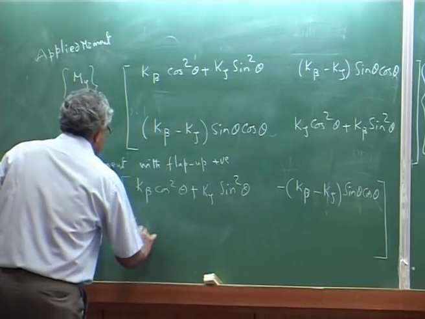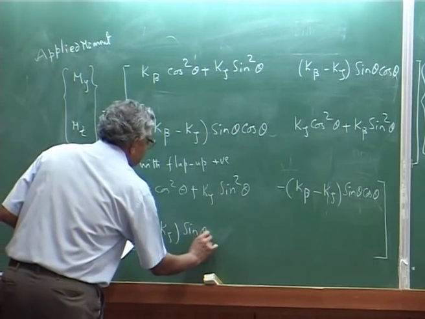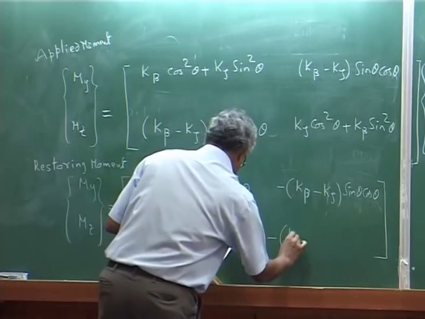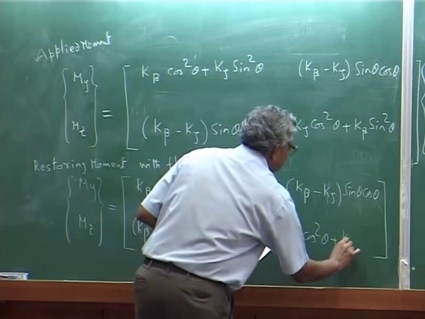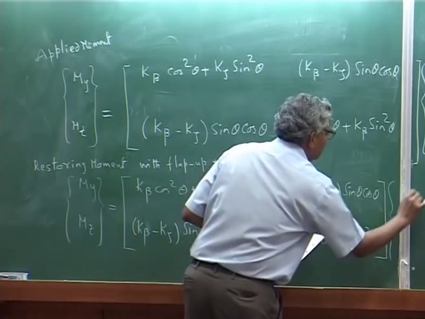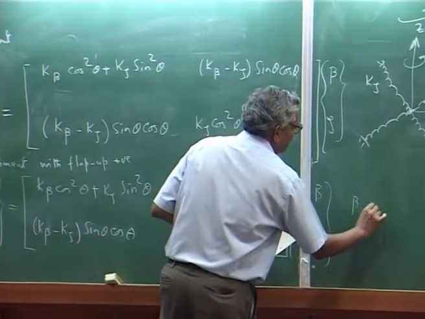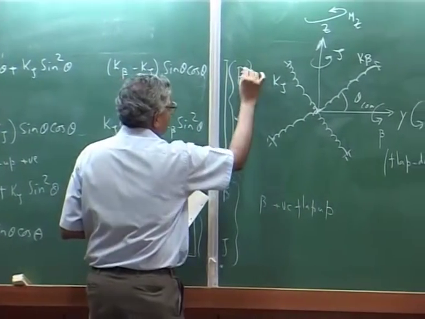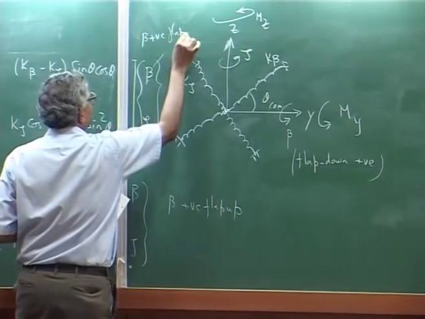and this will be same. This is k beta sin theta cosine theta, and this will be minus sign again, minus of k zeta cosine square theta plus k beta zeta. In this case beta positive flap up, in this case beta positive flap down.